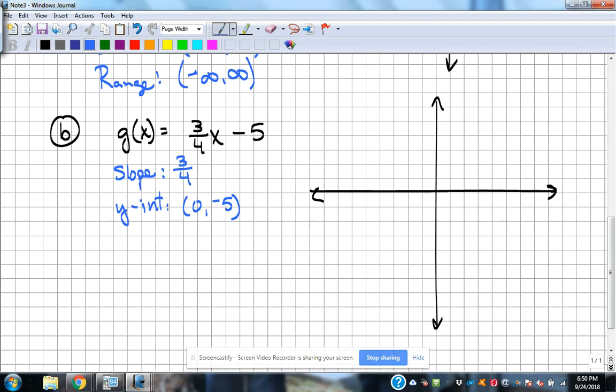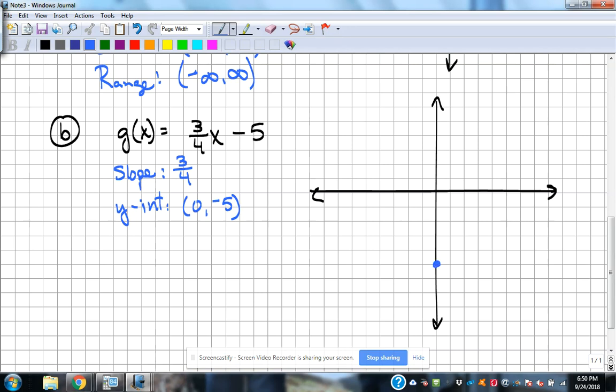What's the first dot that I would put? -5. The y-intercept is always the first dot you put. So I'm going to -5 on the y-axis: 1, 2, 3, 4, 5, right there. I'm going to put my first dot.